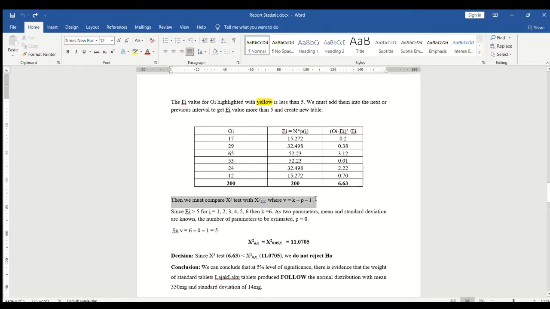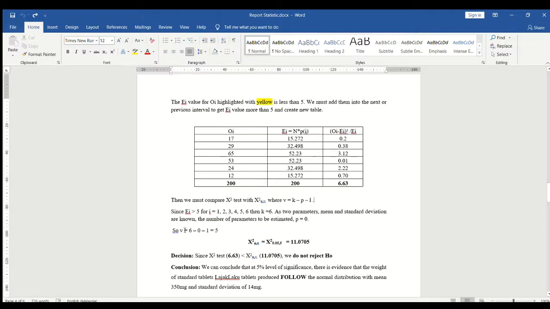Now we must compare it with chi-squared alpha, v, where v equals k minus p minus 1. Since EI is at least 5 for i equals 1 to 6, then k equals 6. As the two parameters, mean and standard deviation, are known, the number of parameters to be estimated equals 0.